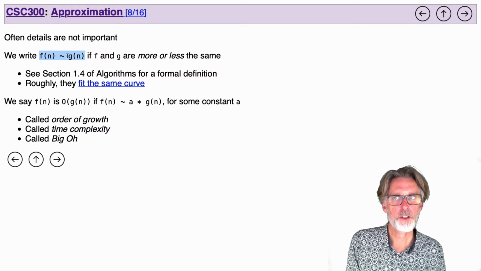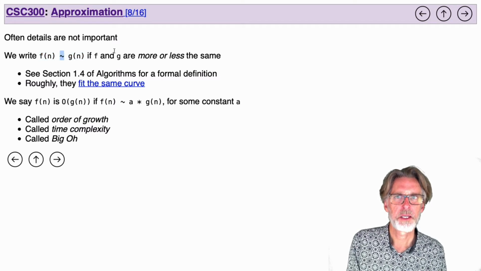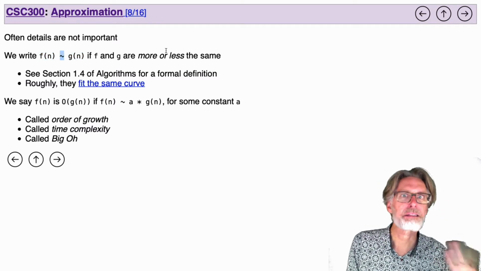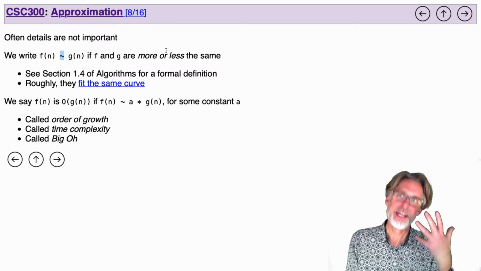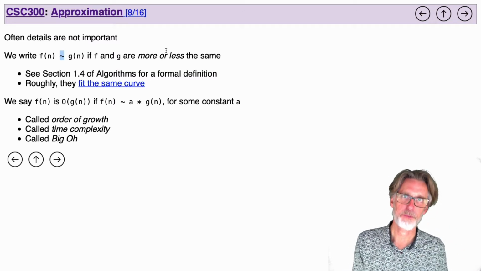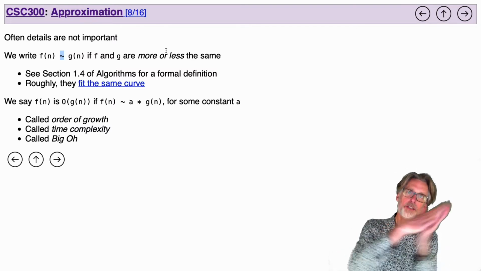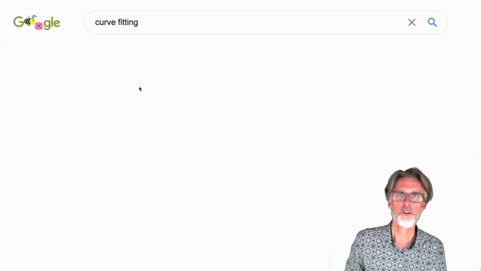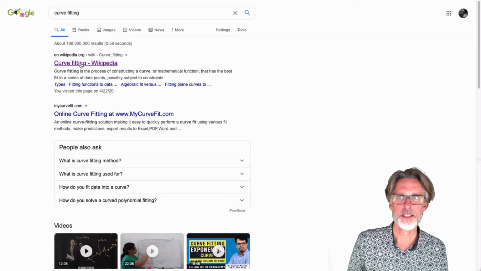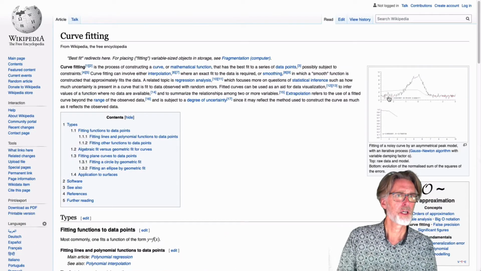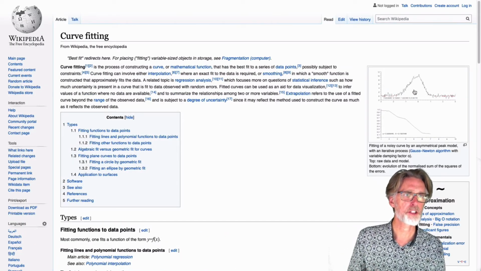And if we have two functions, we can say that they're related by tilde if they're more or less the same. There's a formal definition in the textbook, but the intuition you should have here is that they more or less fit the same curve. If you've ever done curve fitting in statistics, you have some data and you try to match a curve.